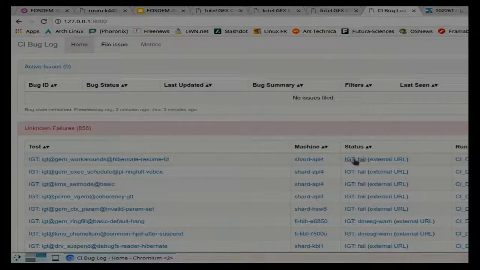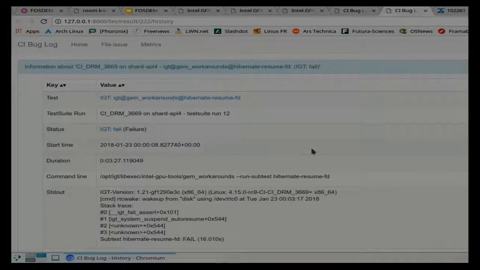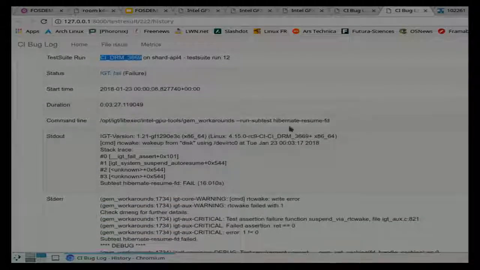So let's open the first one. So the first one is on this test, on this particular hardware configuration and software configuration. That was a fail by IGT standards. You can see when it got started, duration, how it got run.